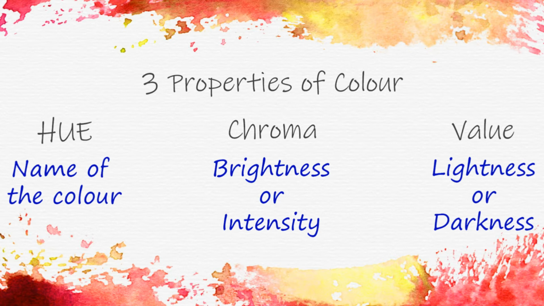And then the value is the lightness or darkness of the color. You will use these. In the previous 2 videos, I mentioned the various ways of using values and tones against each other, juxtaposed, opposite, etc.